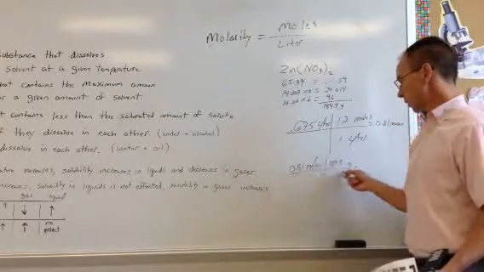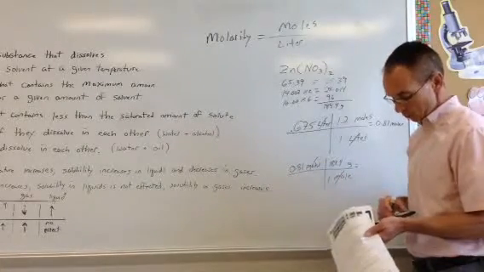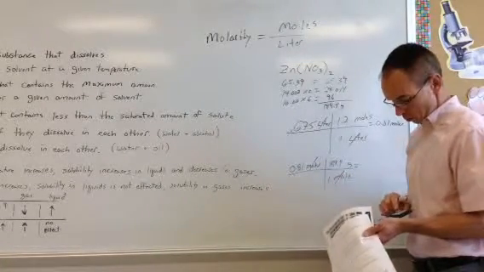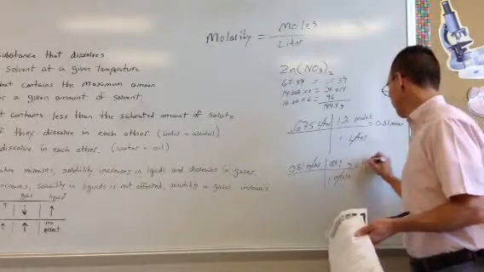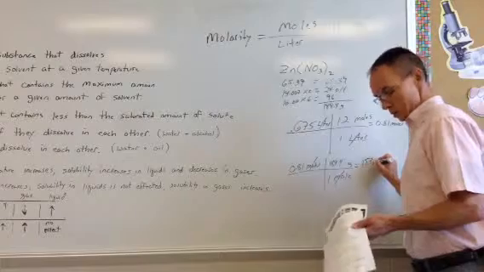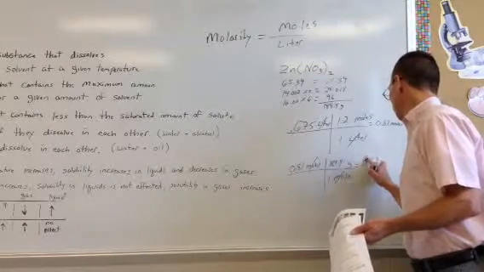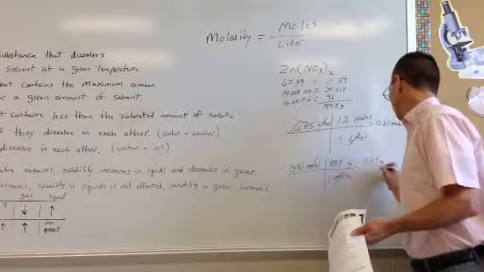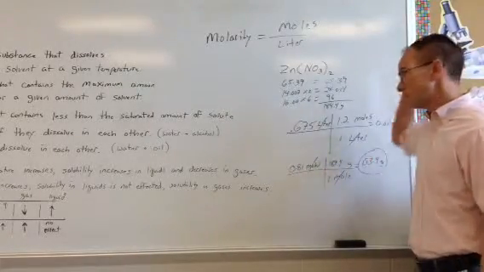I multiply across the top and divide up. 0.81 times 189.4 gives me 153.4 grams. Okay, because my moles canceled and now I'm in grams.